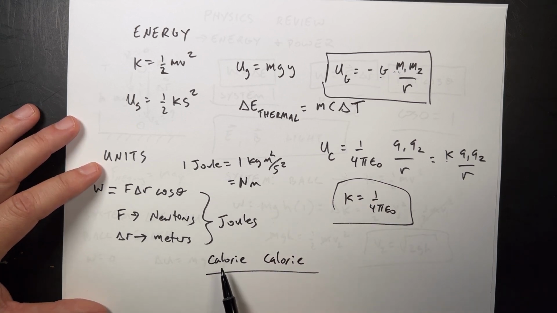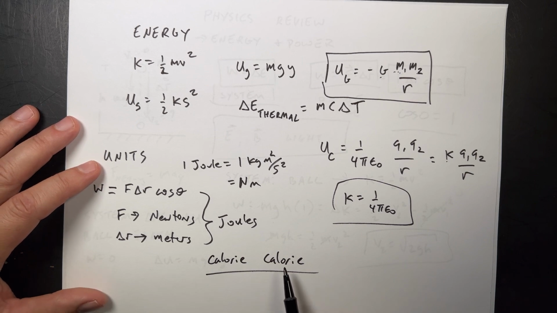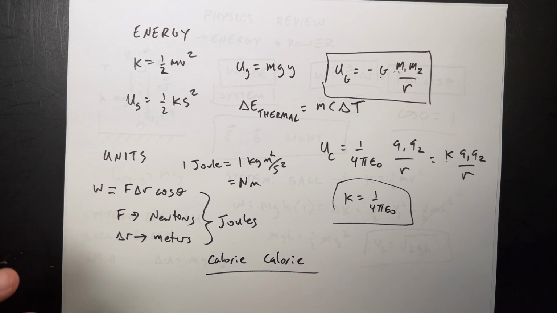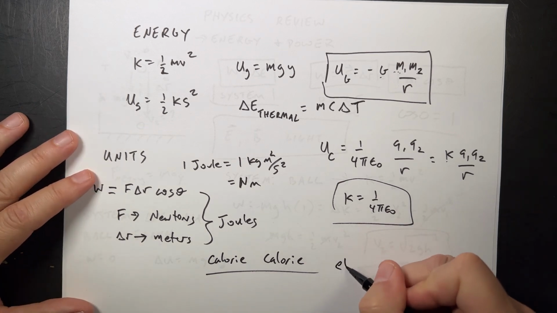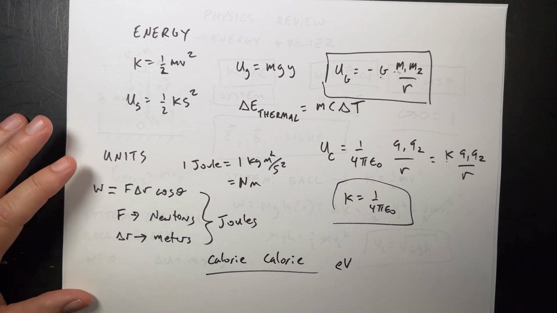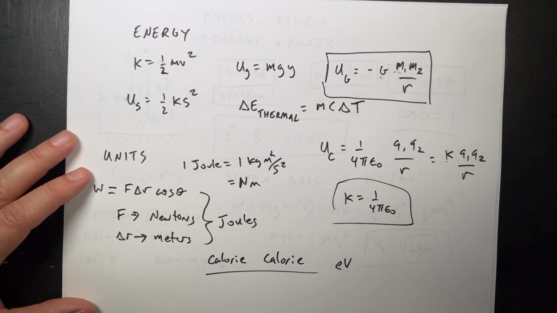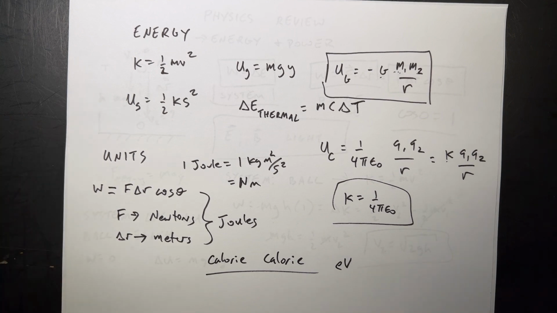Because we have the calorie and the calorie, and they're actually two different units, but they're the same thing. One's a food calorie and one's a chemistry calorie. It's not a big deal to me. There are other units like the electron volt. That's a pretty cool one. And then there's some like amp hours, but those depend on a particular battery. Those are units of energy.